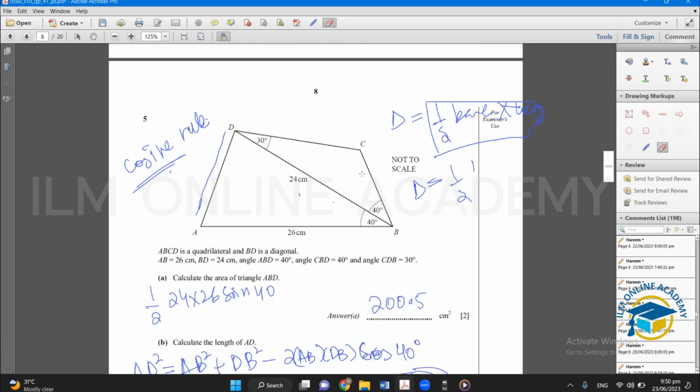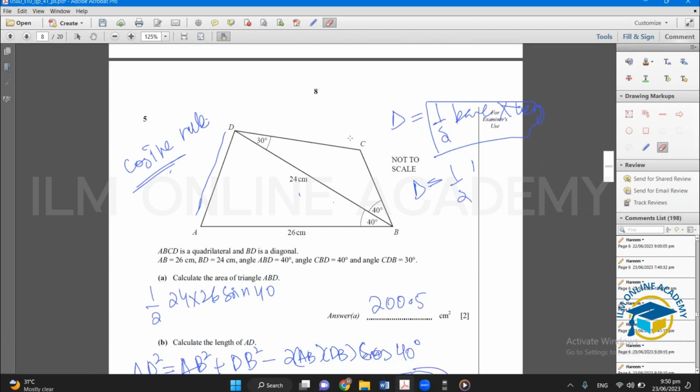It's basically the part of the next subpart. So we have to calculate the value of BC. There is a method, but for that we should know the value of angle C.